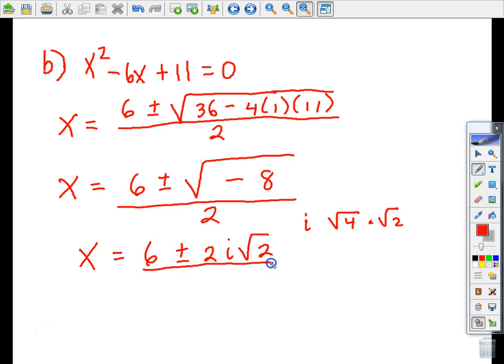All over 2. Okay, now at this point, we can simplify. You need to be on the lookout for opportunities to, we would call this, reduce this fraction. If you notice, the numbers 2, 6, 2 again, all of those are divisible by 2. So I need to do that.